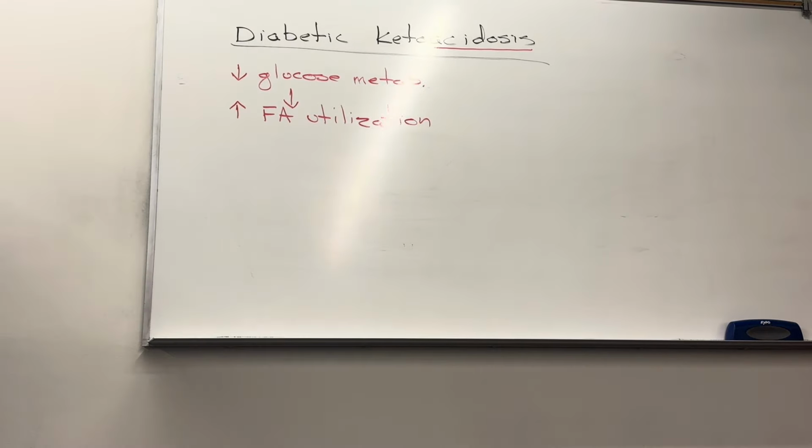Test question time. Camilla, where's Camilla? Okay, so this is stuff we've talked about before. In these individuals, there's a decrease in glucose. We have this increased use of triglycerides as our fuel source to make ATP.